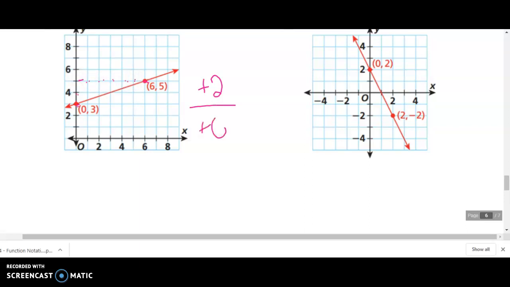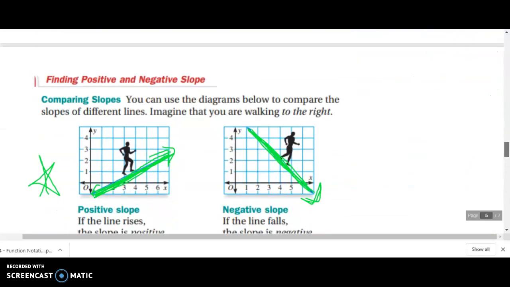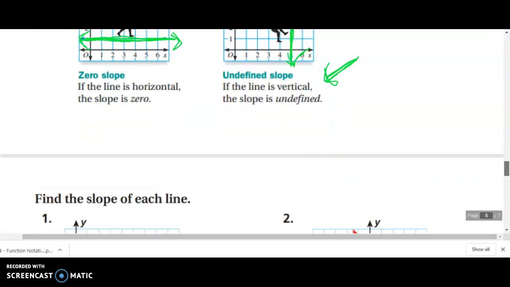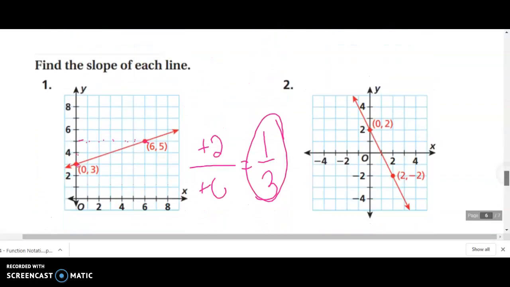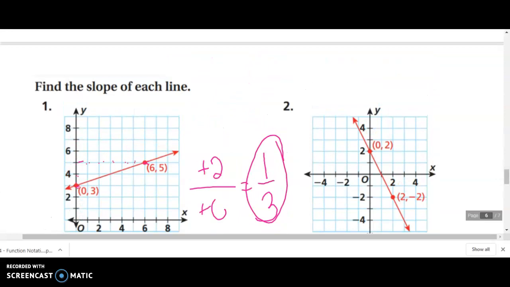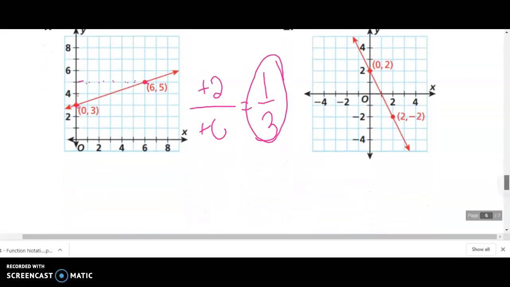So that's 2 over 6, which is 1 over 3. Now, we don't even have to know that it's positive as far as up and over, because if we look at this line, it fits the definition of a positive slope. Okay? Just like number 2 fits the definition of a negative slope, we know it's negative before we even do it. And again, doesn't matter where we start.